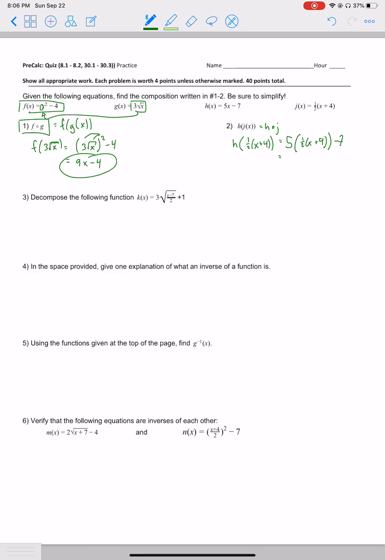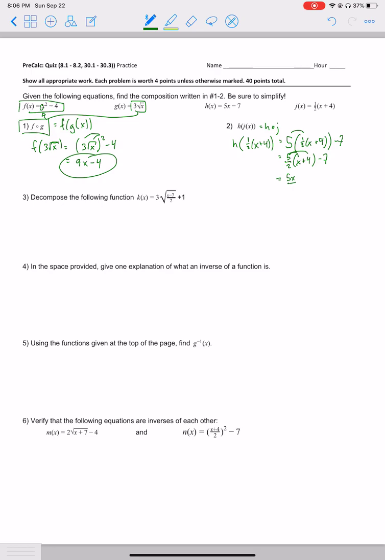So let's distribute with multiplication. We distribute it once to a like term, so we get 5/2 times (x plus 4) minus 7. I still see parentheses, which means it is not simplified, so we now have to distribute that. When we're distributing across addition, we have to do it to each term.